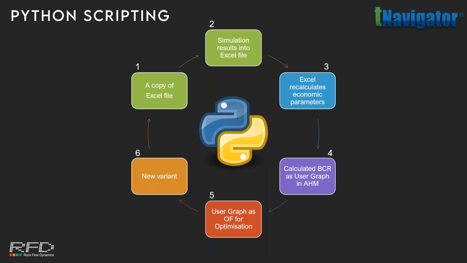The Python script will help us to create a copy of the Excel file with the initial data and economic calculations. After running the dynamic simulations, we can extract the results and output them into the Excel file. Our step number 3 will help us to recalculate parameters based on the tNav outputs.